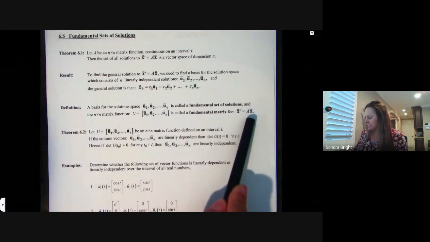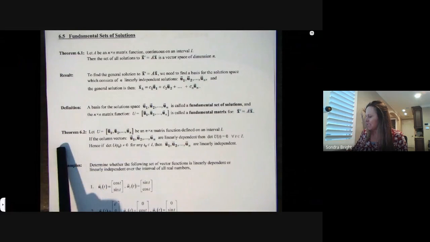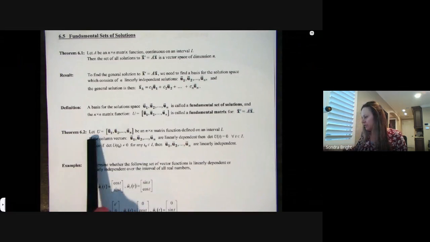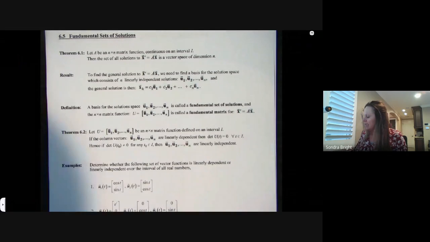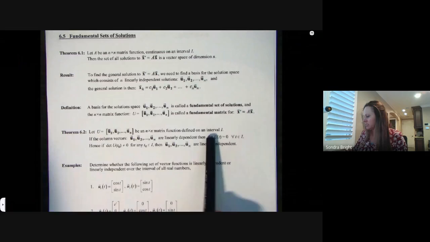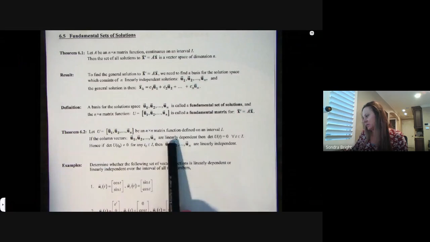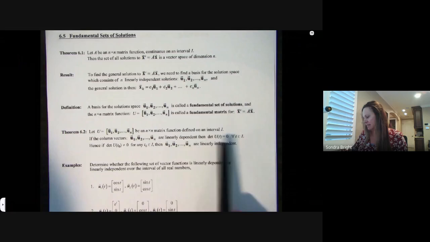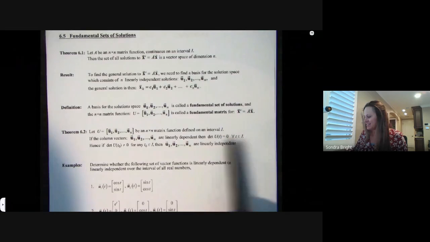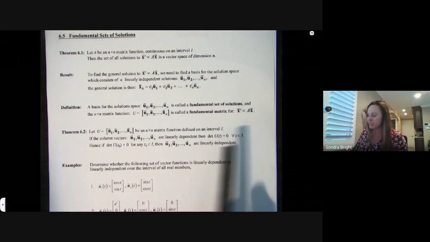We've got another theorem that states: let U be an n by n matrix function defined on an interval I. If the column vectors are linearly dependent, then the determinant is equal to 0 for all t in that interval. Notice it does not say if and only if. It just says if they're dependent, then the determinant will equal 0.